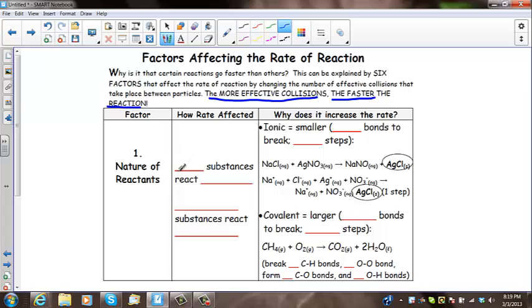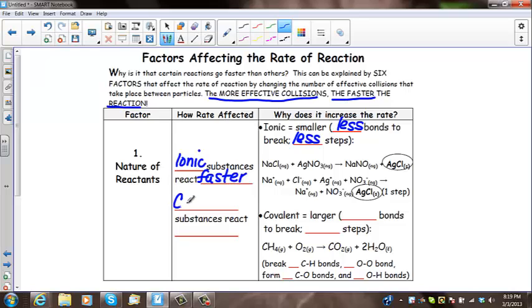So, nature of the reactants, meaning what type of substances are we dealing with? Well, ionic substances react faster. Why? Because ionic compounds generally have fewer bonds. NaCl, MgCl2. So fewer bonds to break means fewer steps.